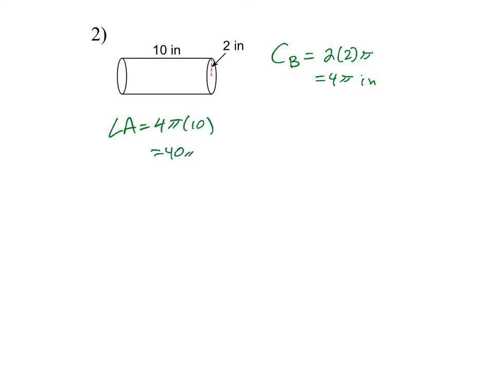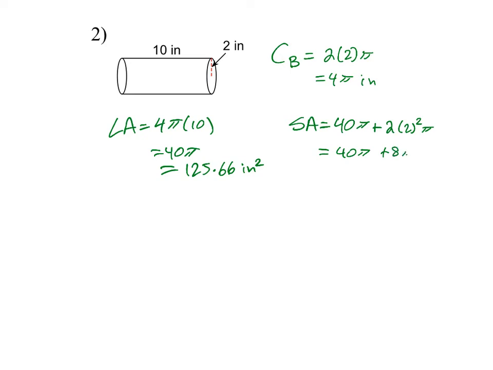So it's 40 pi, so 125.66 inches square, right? And my surface area equals, again, I'm keeping the 40 pi plus the area of the base, so it's 2 times the area of the base, so 2 times 4 pi, so 40 pi plus 8 pi, so this is 48 pi.